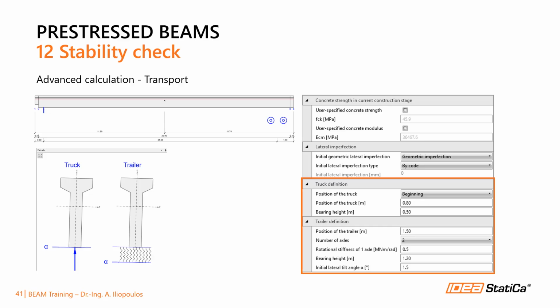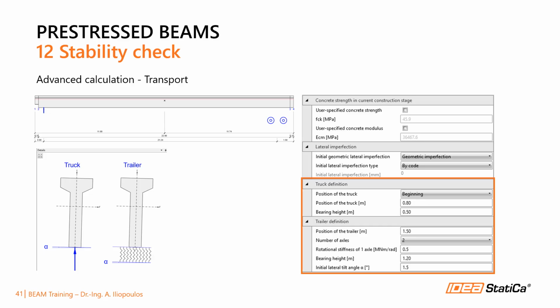As for the truck, of course, you can enter the position of the truck to define the distance from the end of the beam. In addition, you can also specify the bearing height, which is the vertical distance of the roll axis from the bottom surface of the beam.